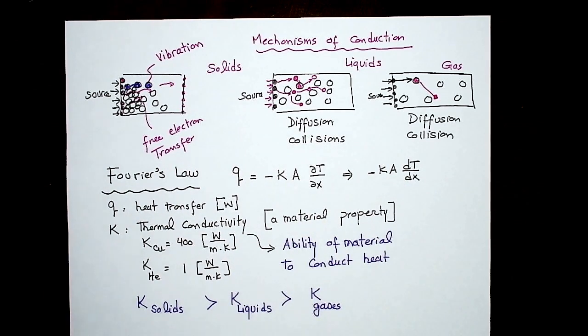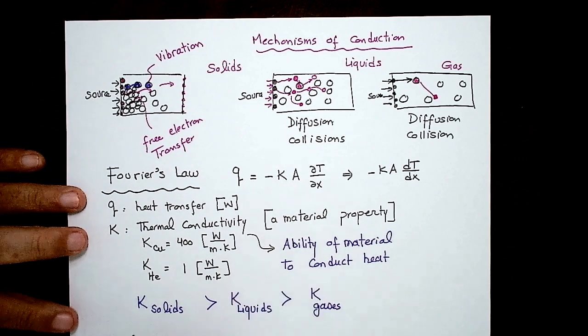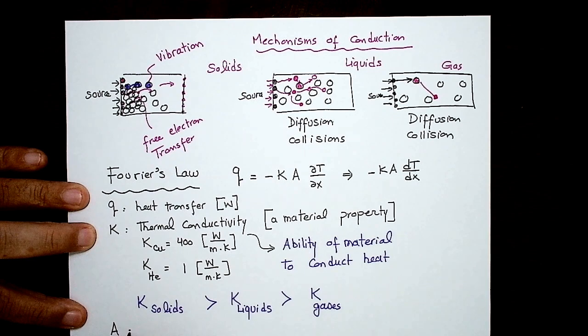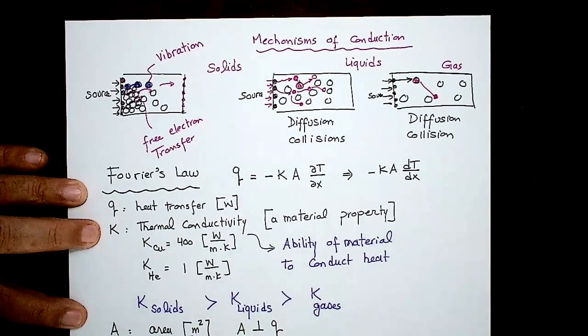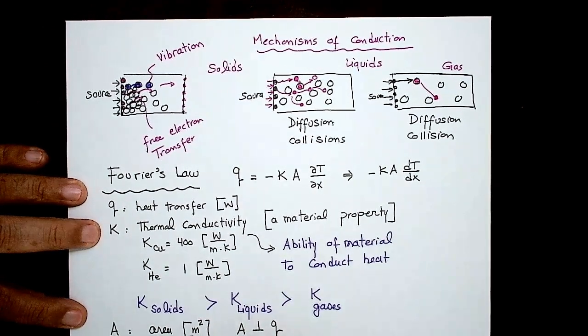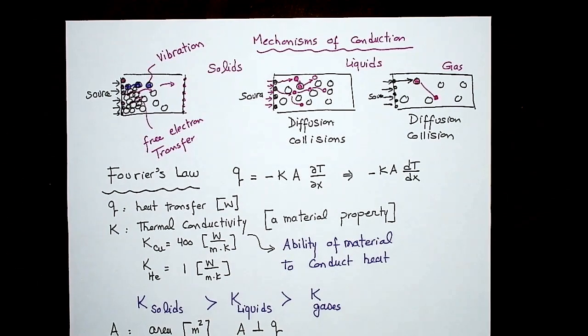What else? We need to continue to define the parameters of the equation. So we have A, the area, which has a unit of meter squared. And in conduction, this is the area that has a perpendicular orientation to the direction of Q. This is very important. We're going to talk about this. So they have to be perpendicular.